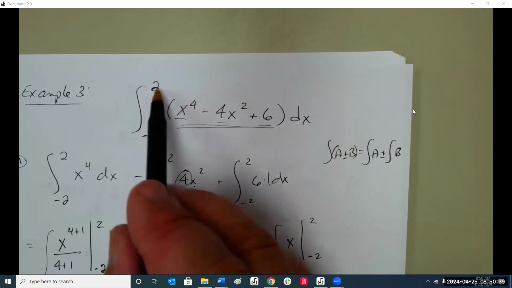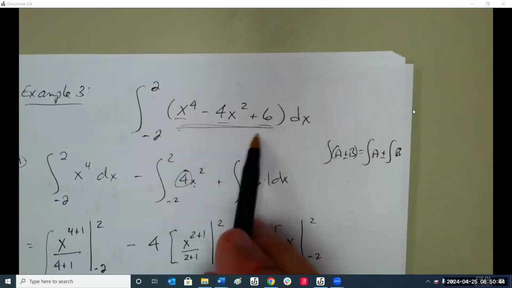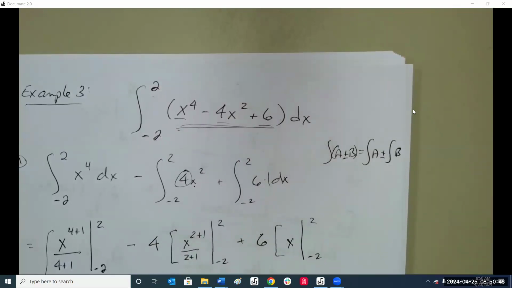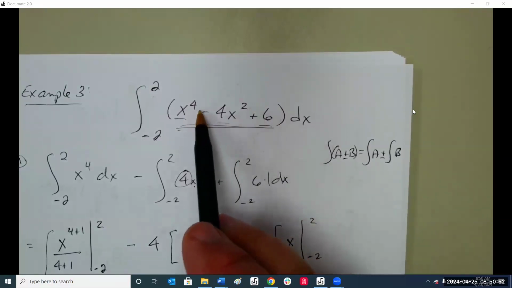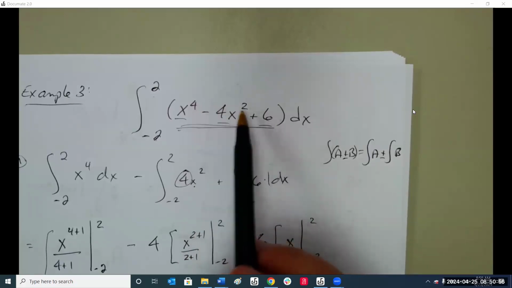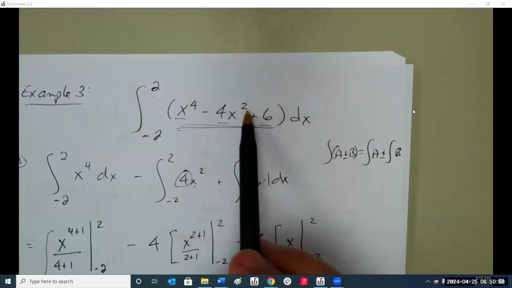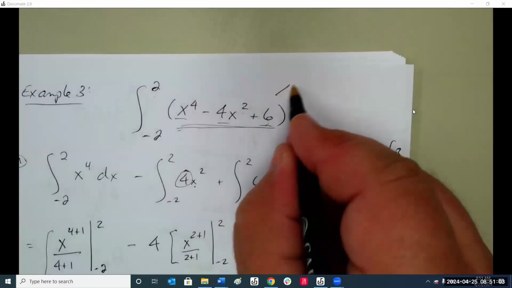Because these are symmetric, that's a good indication, so we have to check something. Is this an odd or even function? Because it has a constant there, it can only be even. Evens can be if all the exponents are even, or if you have even exponents and a constant. Then this function is even.